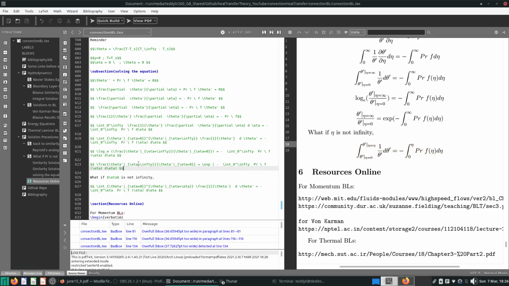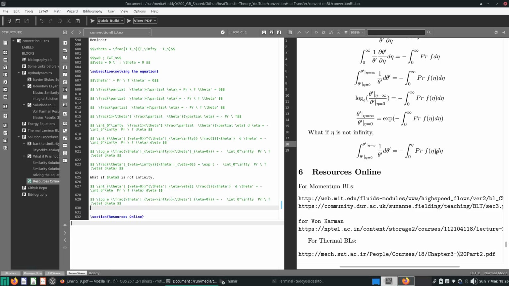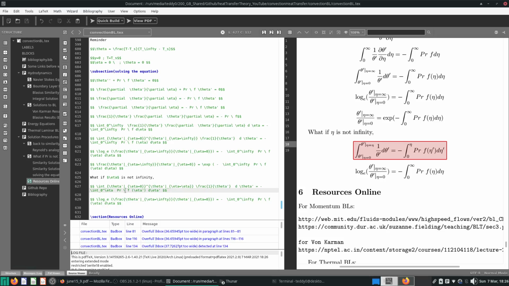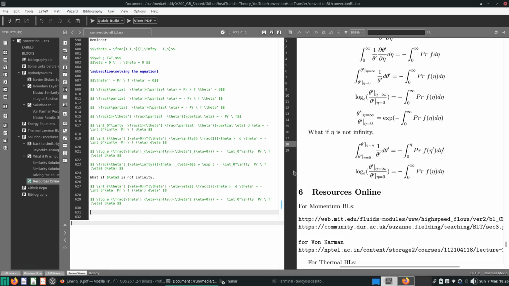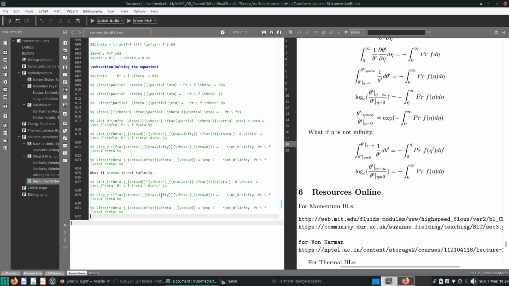Okay, so not too bad. That will just mean that, basically over here, you'll need to change this into some sort of dummy variable. So I can just put eta prime down there, no problem. Okay, Prandtl number, I will just leave it in there first, though technically speaking, in our simplifying assumptions, we can take the Prandtl number out. Okay, so we'll just do this exponential form. And we'll just put eta equals to eta.